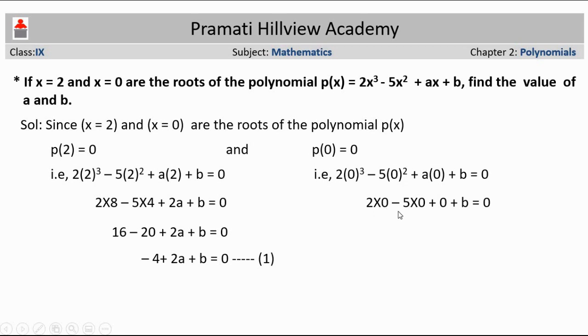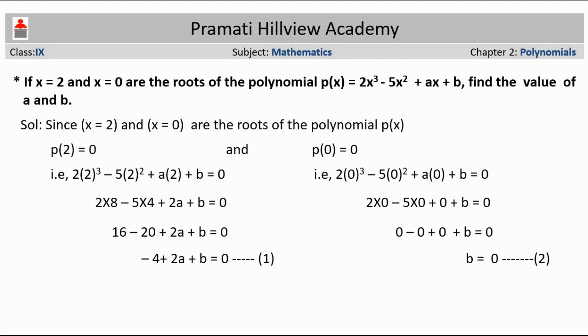Therefore, 2 into 0 minus 5 into 0 plus a into 0, which is again 0, plus b is equal to 0. So this is 0 minus 0 plus 0 plus b will be equal to 0. Therefore, b becomes equal to 0. Take it as equation 2.